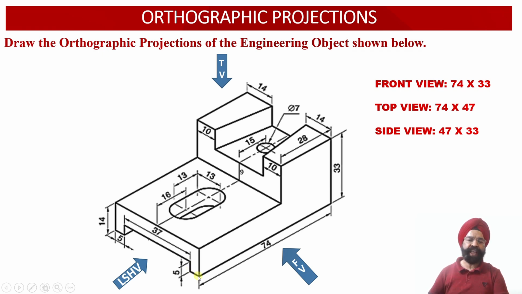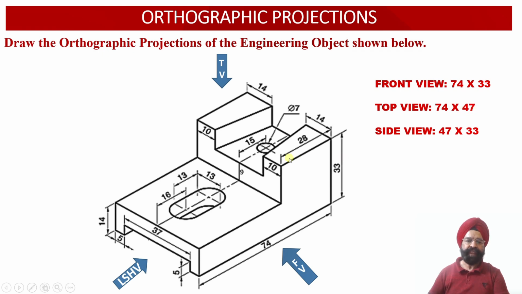This depth has been provided as 5 millimeter. Then this depth is equal to 37 millimeter, and then this depth is equal to 5 millimeter. So the total depth of the solid is 47 millimeter. Therefore, the dimensions of the top view face will be 74 millimeter width of the solid and 47 millimeter depth of the solid.